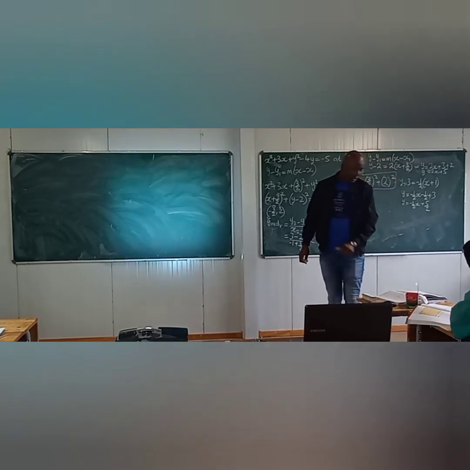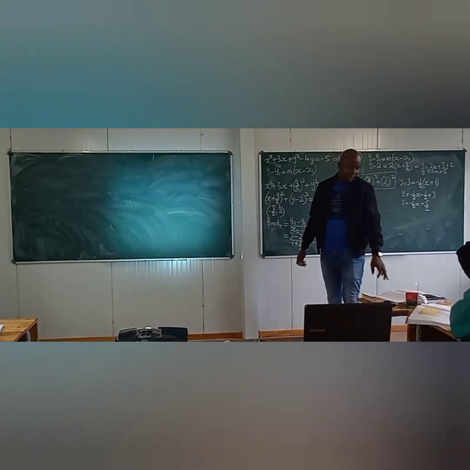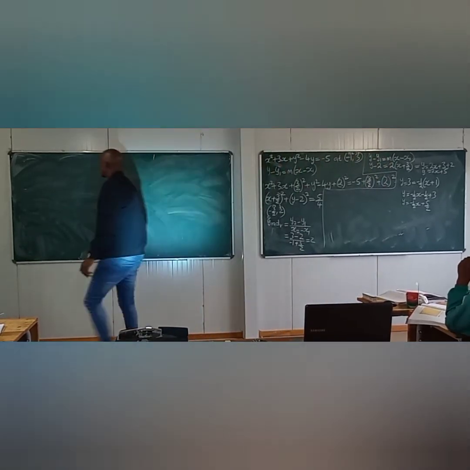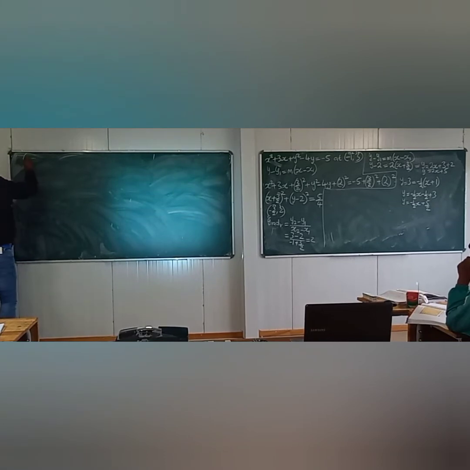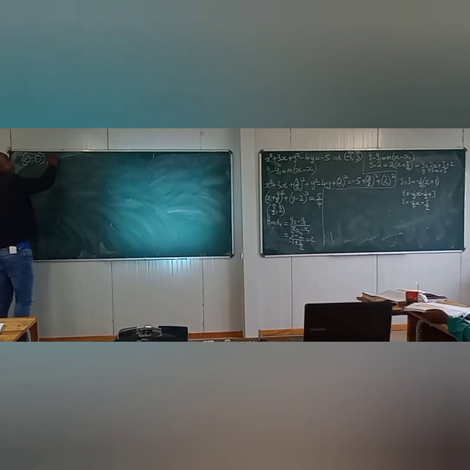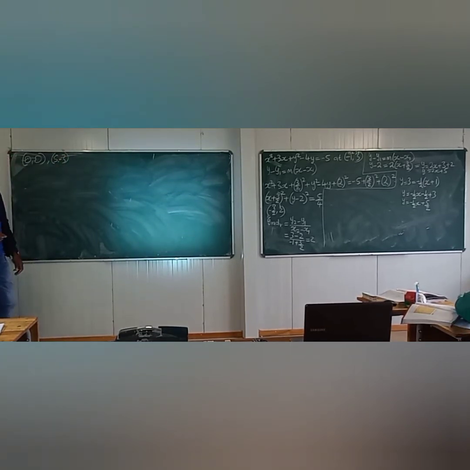Right, so now we do the circle with the center at the origin. The center is at the origin, marked O. The point is 5, minus 3. So we have to calculate the gradient of the radius again.